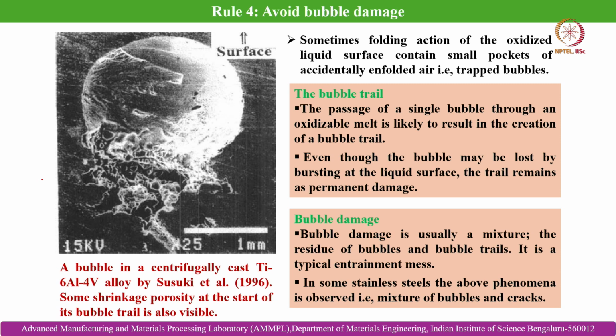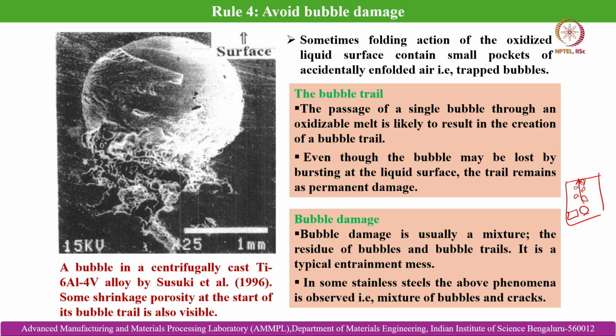and even if a single bubble does not remain as such, because of the buoyancy force there is always a tendency for a bubble originated, say, from a core placed over here, to try to escape by traveling towards the free surface of the melt, and then it will be vented out to the atmosphere. But during its journey to the free surface, it gets disintegrated into multiple bubbles, and some of those bubbles get trapped within the solidifying melt, that means within the mushy zone, and do not end up reaching the top.